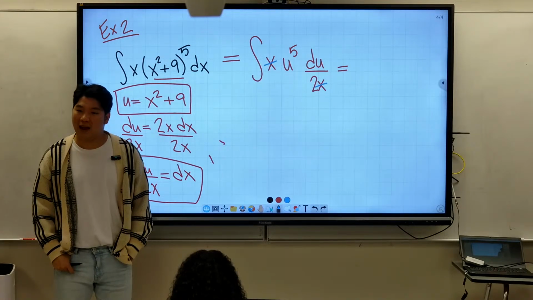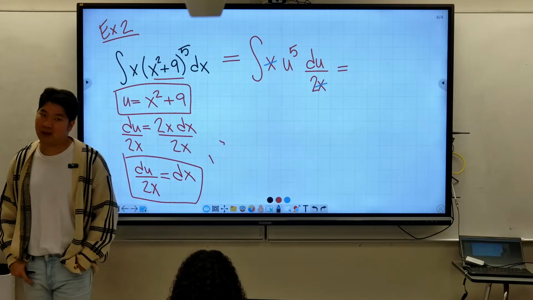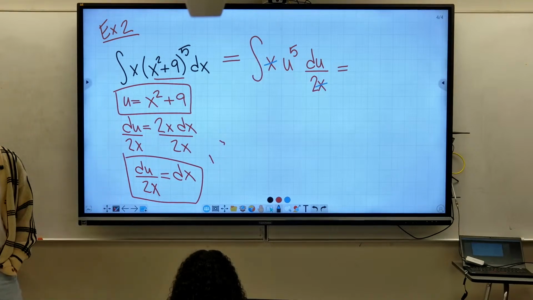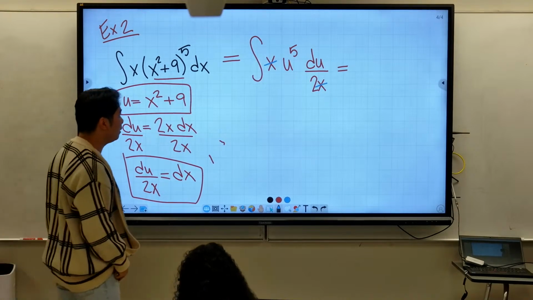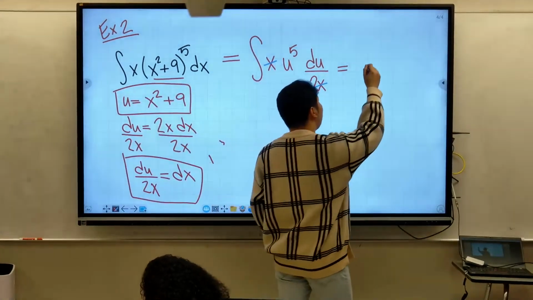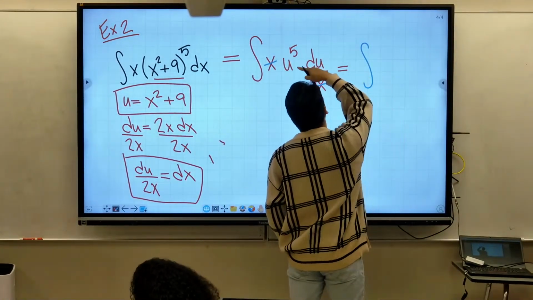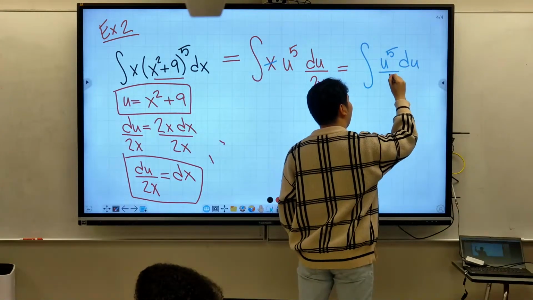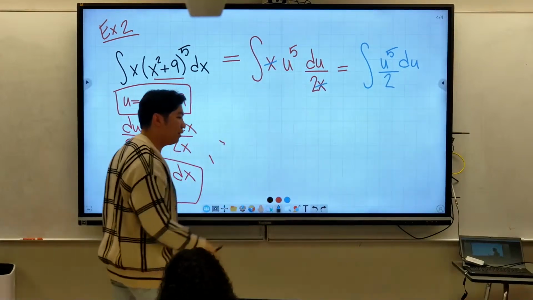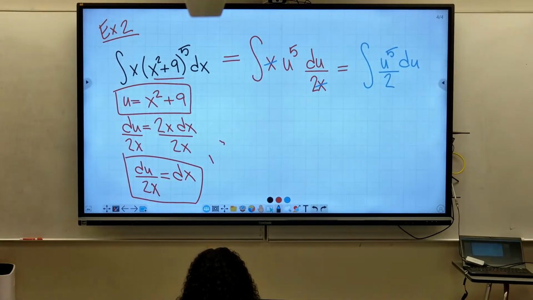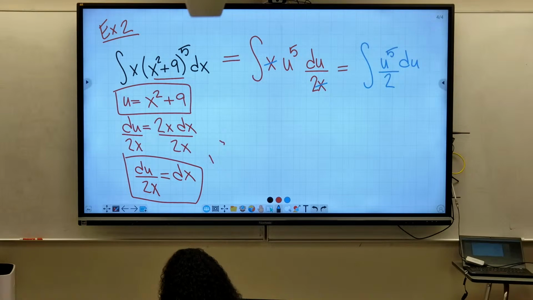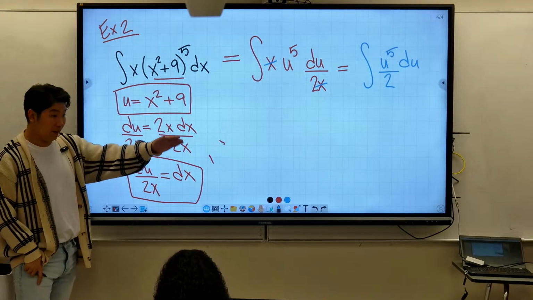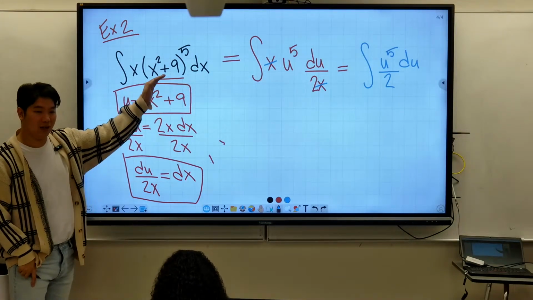I want to make sure that I have only one variable that I'm working with, at least at this point of calculus. So I'm going to do this one step at a time. I have u to the 5th du over 2, or you can put the whole thing over 2, still the same thing. So you can see here, by solving for dx, I can just very directly plug in for dx and u in the original.